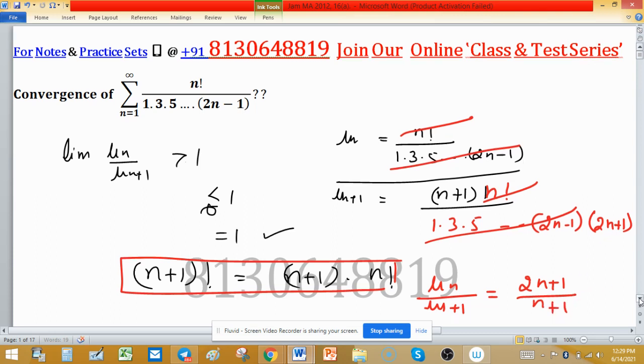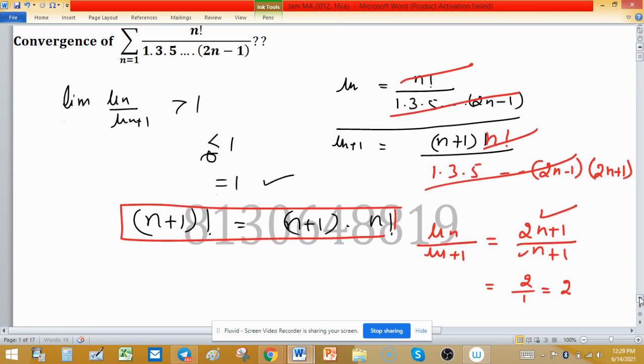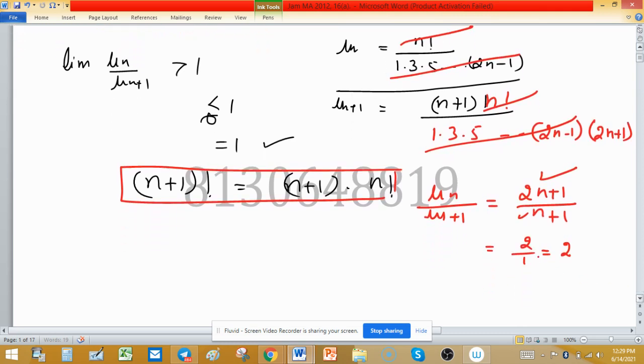Whenever this is in linear format or polynomial structure, the coefficient of the highest power is 2 divided by 1, so this limit is equal to 2. Otherwise you can take n as common, and n will cancel out, so you get 2 upon 1 in another way. So the limit of un upon un plus 1 is 2, which is greater than 1.